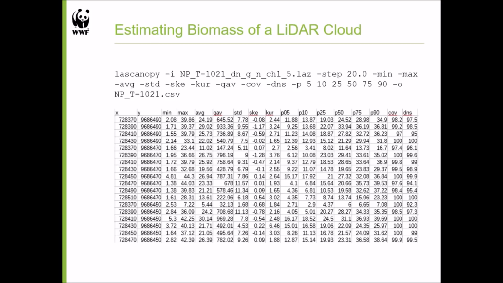To estimate the biomass of the whole transect is just sum the biomass of each cell, okay? And we have the total biomass. If I divide the total biomass by the area of the transect, I have the biomass per area unit, per square meter, for example, okay? Next slide, please.